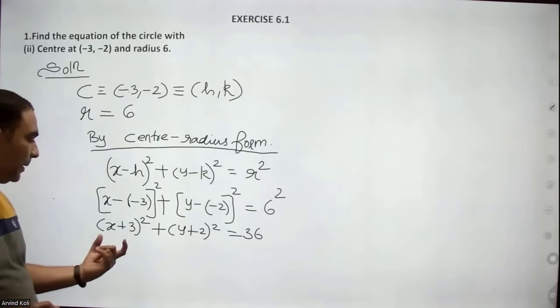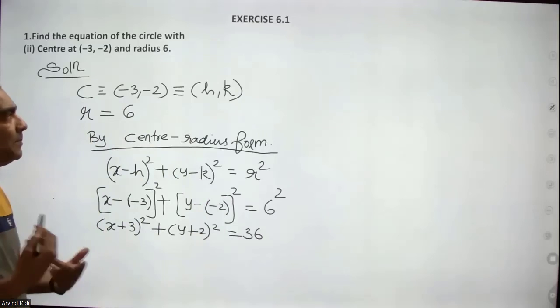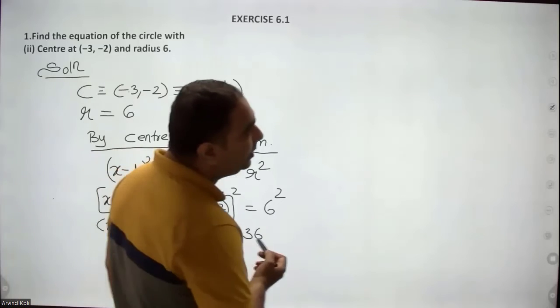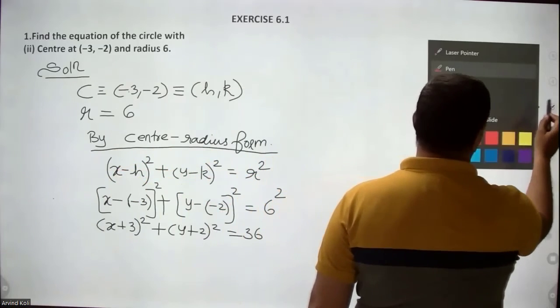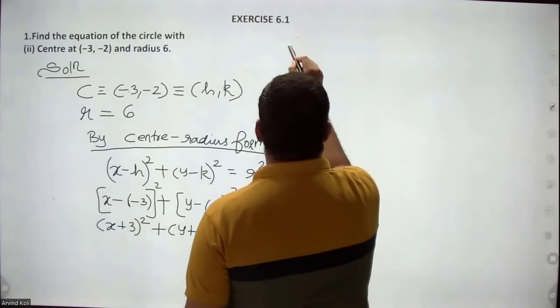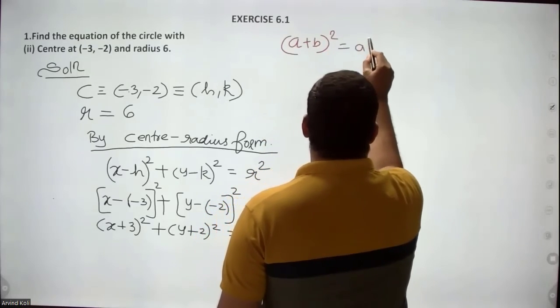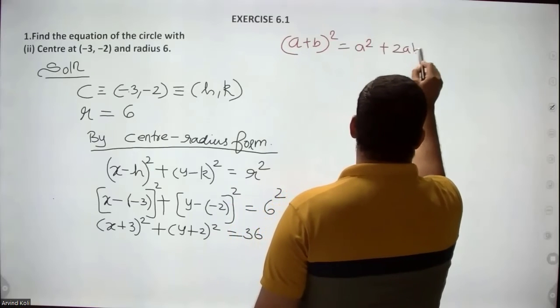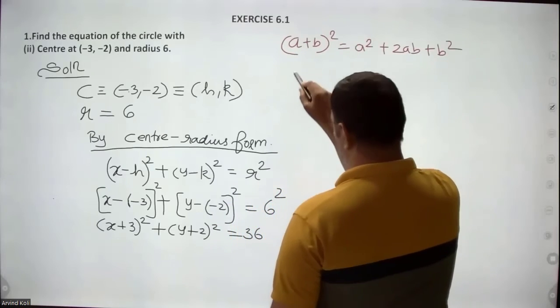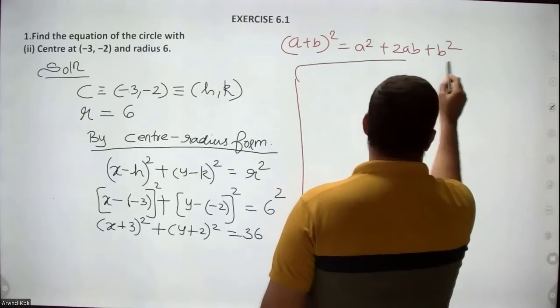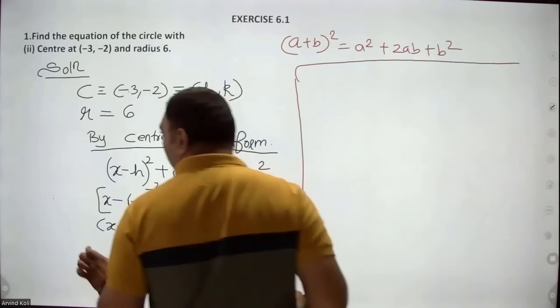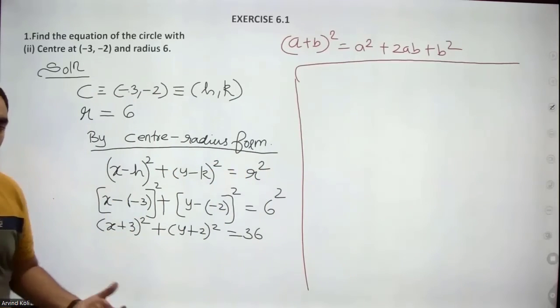Now students, यहाँ पे this is of the type of a plus b the whole square. क्या हमें a plus b the whole square का फॉर्मूला याद है? a square plus 2ab plus b square. Right? So what will be x plus 3 the whole square?